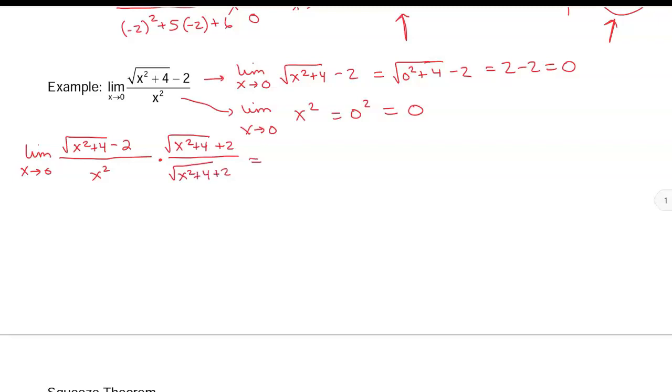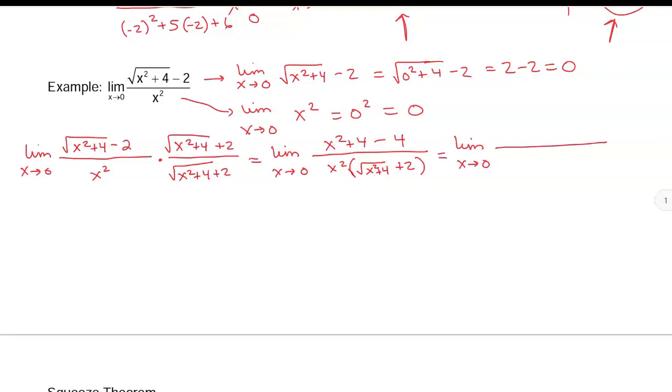And now I'll multiply. In the numerator, I'm multiplying conjugates, so I just really need to multiply the first terms together and the last terms together. So in the numerator, I get x squared plus 4 minus 4. This becomes the limit of x squared over x squared times this quantity.